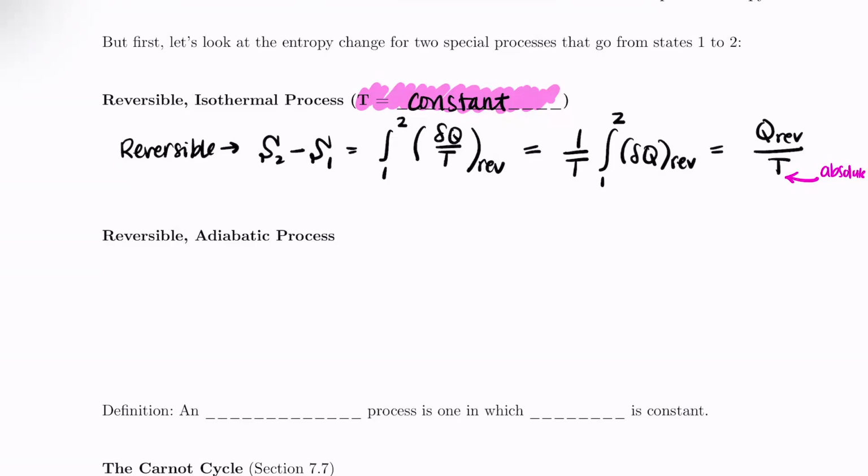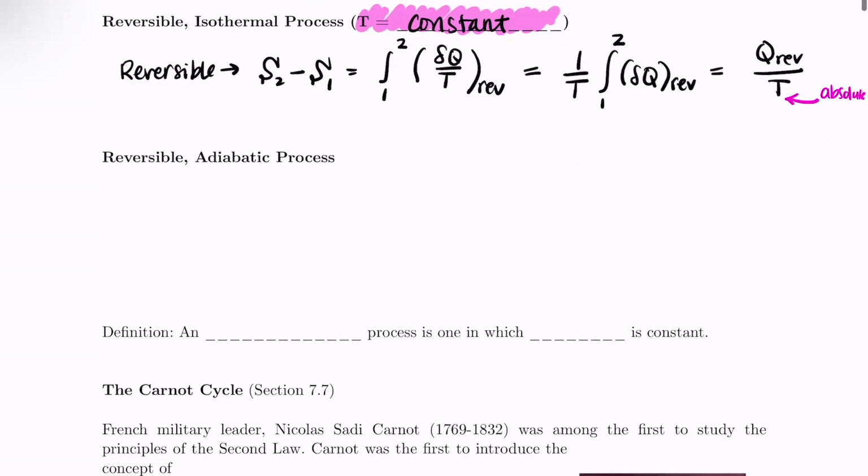If we have a reversible adiabatic process, does anybody know what adiabatic means? No heat transfer. Yes, thank you. So adiabatic is that Q is equal to 0.